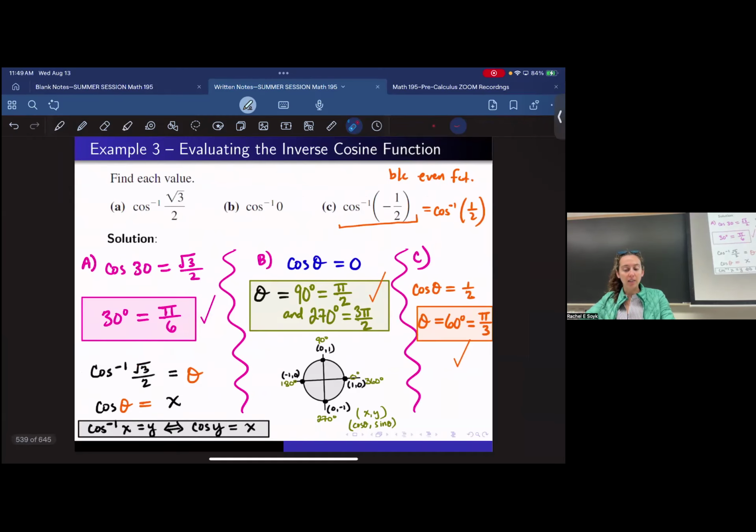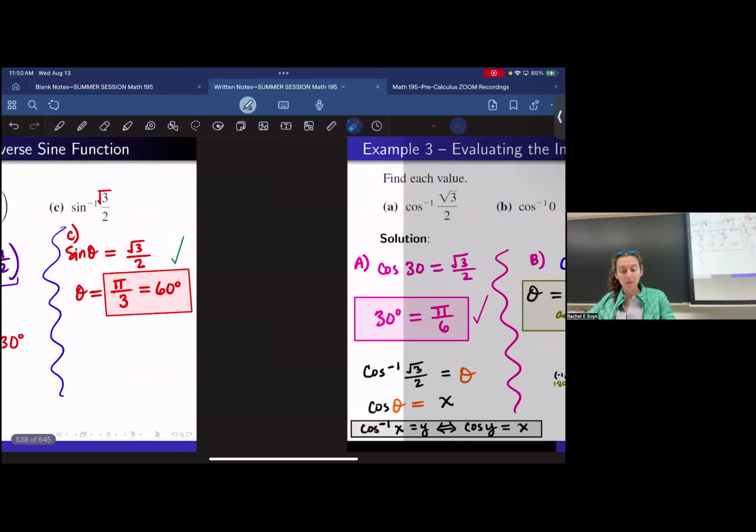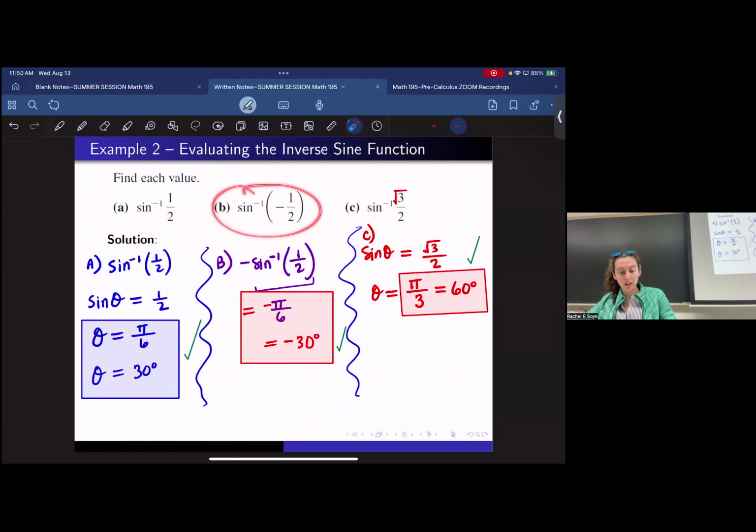You're talking about, yeah, if the solution in there is negative, then you want to apply your knowledge of even and odd functions to see, okay, if it's an even function, then this is the same as just the positive version of it. If it's odd, then we can take out that negative from the function itself and then just multiply your final solution by a negative value, which is what we did here. Sine is odd, so our solution was pi over 6, but we multiplied it by -1 to get our actual solutions.